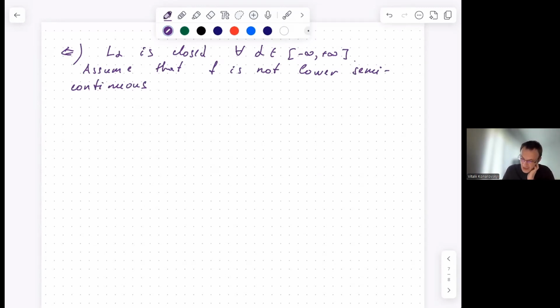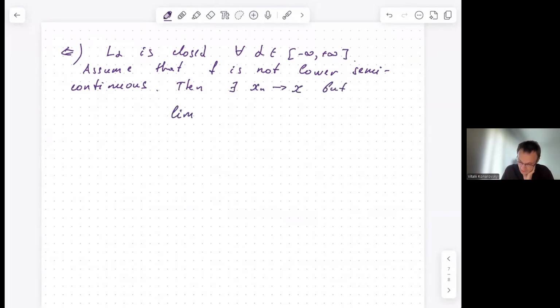If the function f is not lower semi-continuous, then it means that the definition of lower semi-continuity is not satisfied, and this implies that there exists a sequence xn which converges to x, but the lower limit of f of xn, n goes to plus infinity, is smaller than f of x.